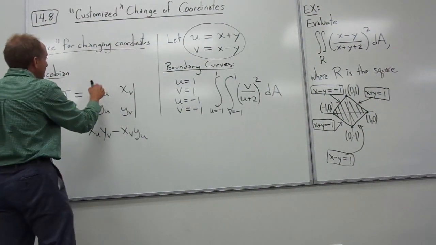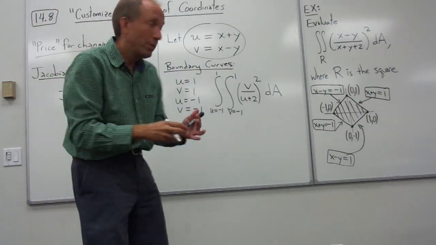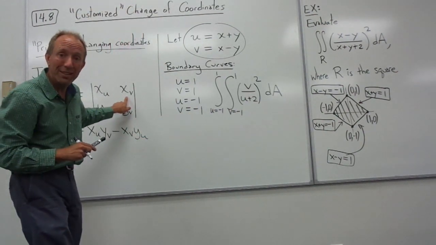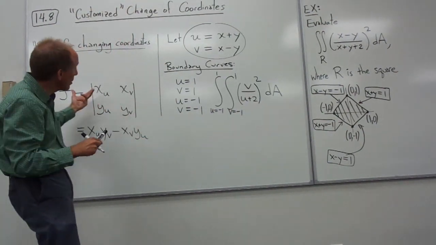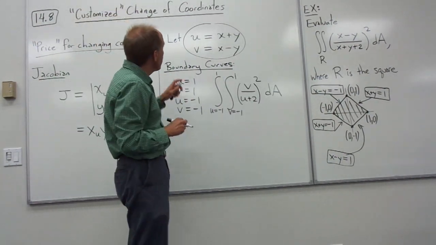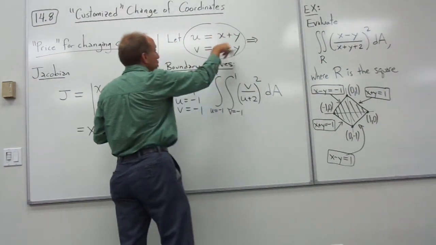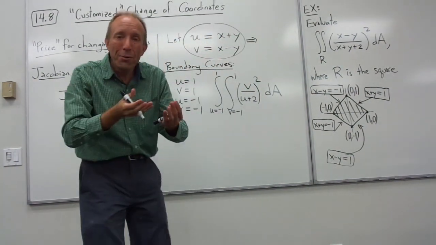I have to be able to express x as a function of u and v so that I can take these partials. And the same for y. I have to be able to write y in terms of u and v. This means I'm going to have to spend a minute to actually solve these equations the other way around.